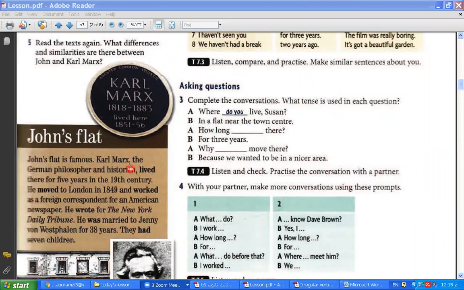So Karl Marx is a German philosopher and historian. German philosopher and historian, like this. Okay, thanks.